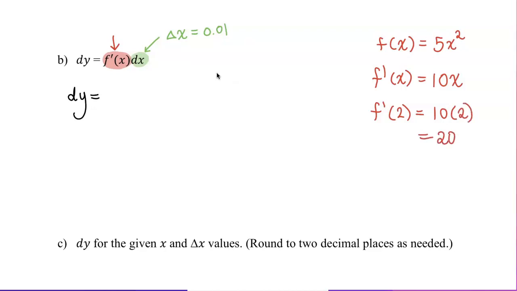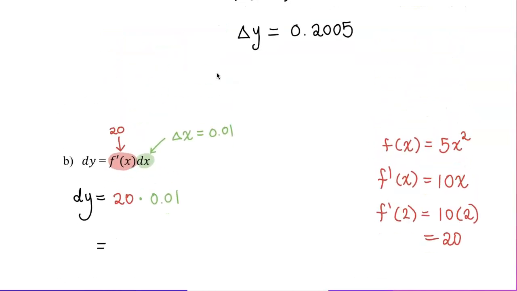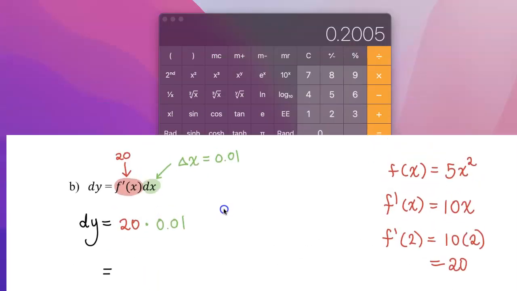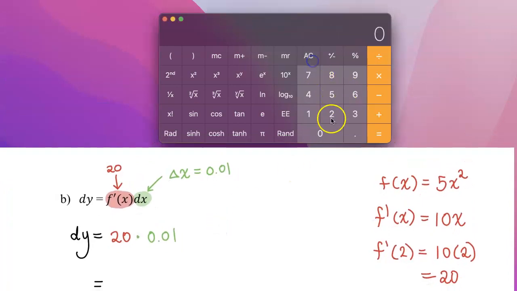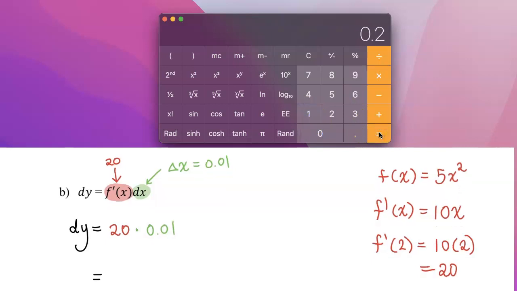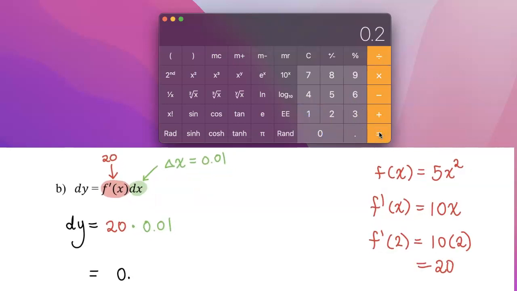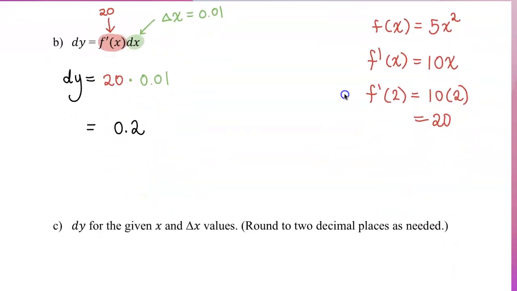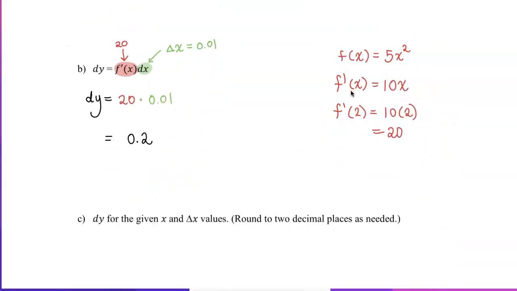So I need to do 20 times, this highlighted part is 20, and I'm multiplying this by that little delta x, the change in x of 0.01. Let's see what that comes out to be. I'll get a calculator and do 20 times 0.01, and that is 0.2.